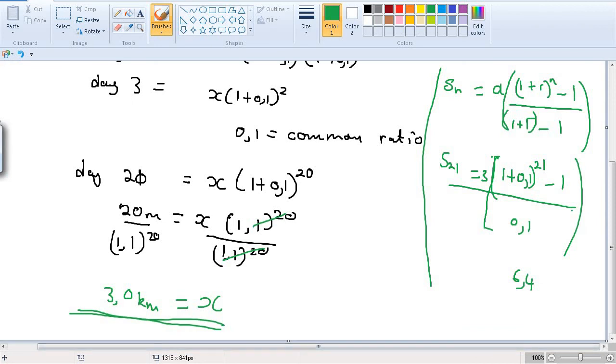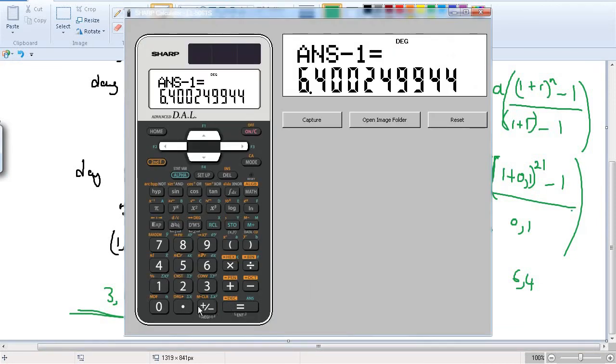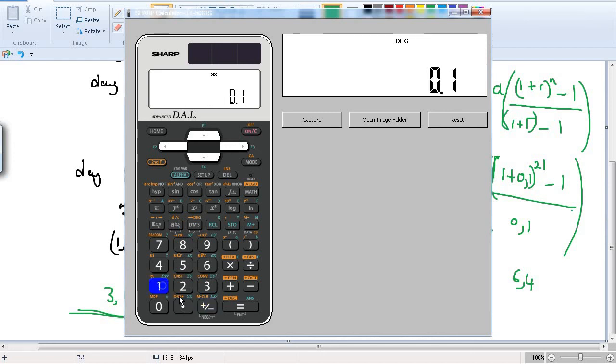And then 6.4, you're going to divide that by 0.1. So you get 64, and then you multiply that by 3. The final answer should be multiplied by 3.